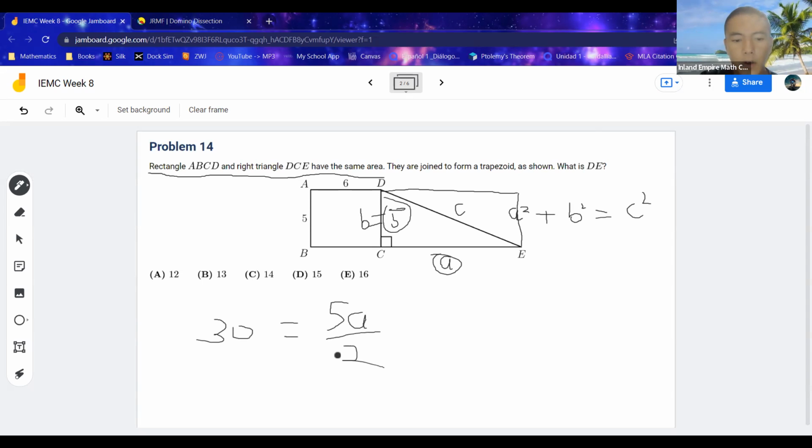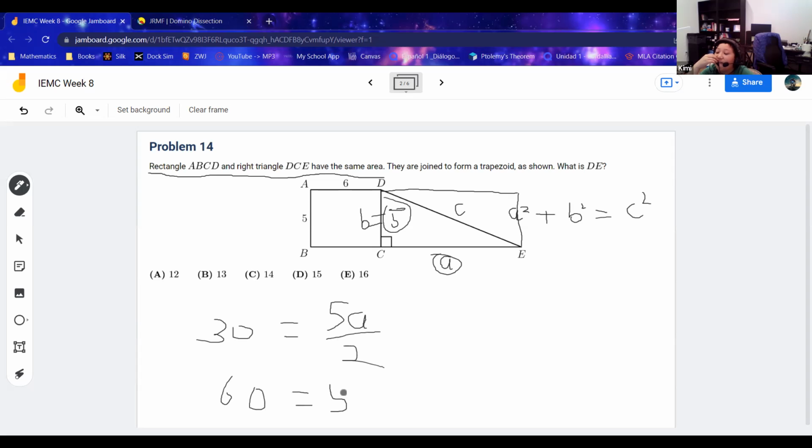Wait a minute. Well, you can think about it like this. Since 5A divided by 2 is 30, that means 5A is 60. A is 12. Very good. Exactly. A is 12. So that means C is 13. Very good.